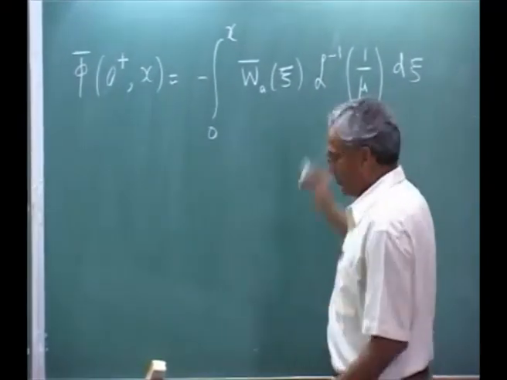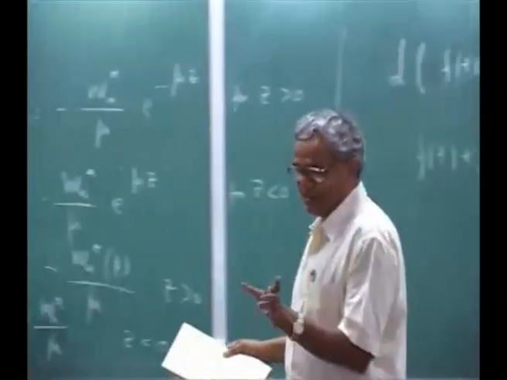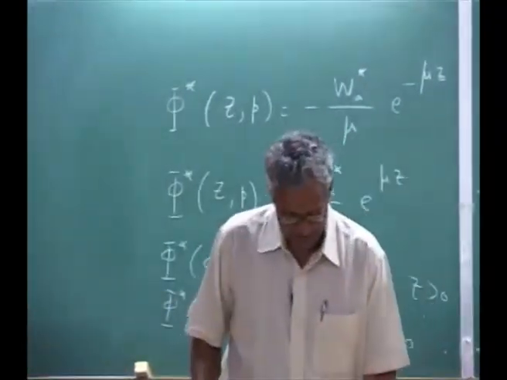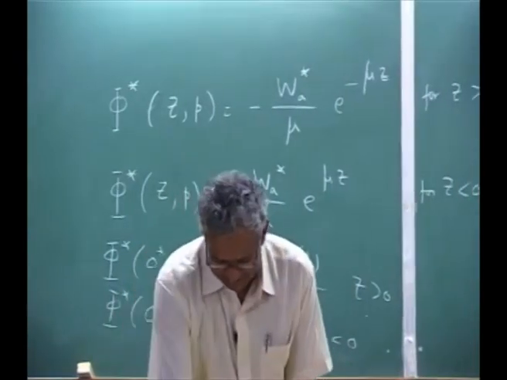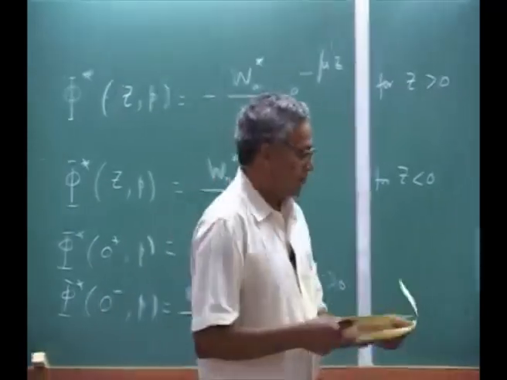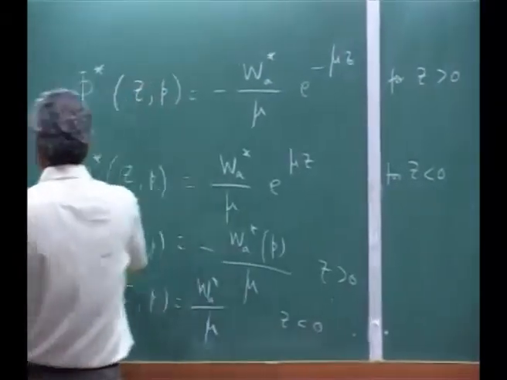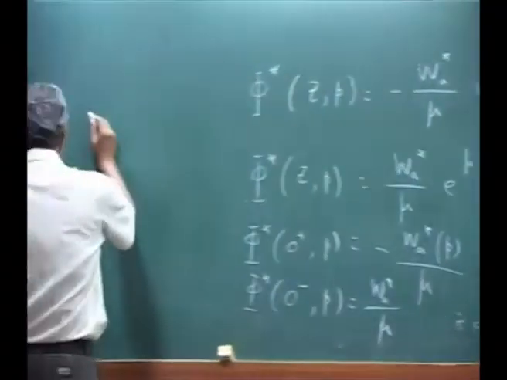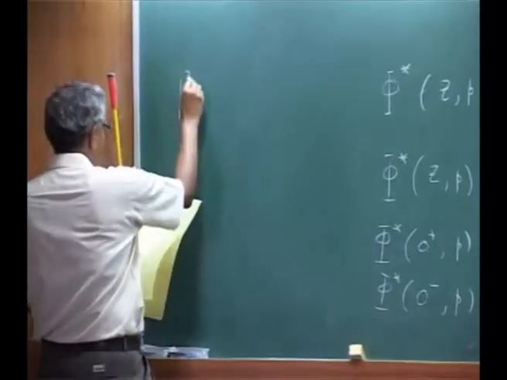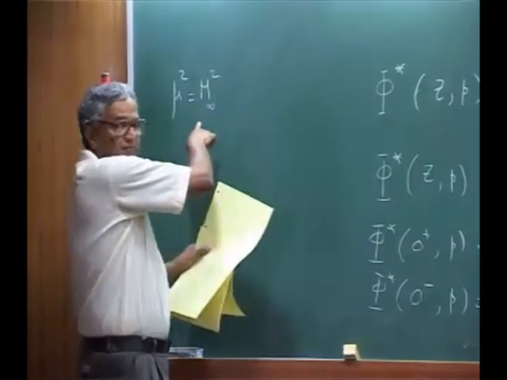But for mu, you go back to your notes and look at the form of mu which we wrote. I will just write it here so that it is clear. Mu square, we wrote m, we use m infinity or m.